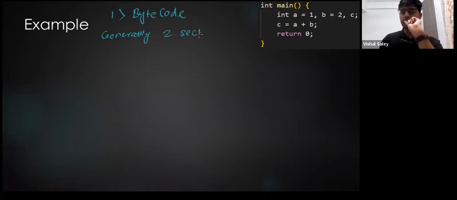Again, this is a very broad statement and you have to take it with a pinch of salt. There can be more sections also, but generally there are two. One section is the data section. Another section is the code section or text section, text or code, whatever.